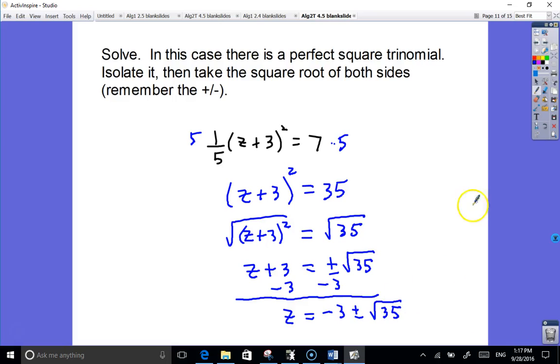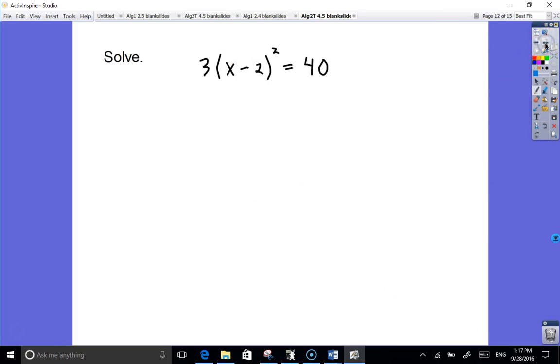Okay. All right. So let's try this one. This is another one we do together. So again, first thing, isolate the squared, right? Which is in this case x minus 2 squared.